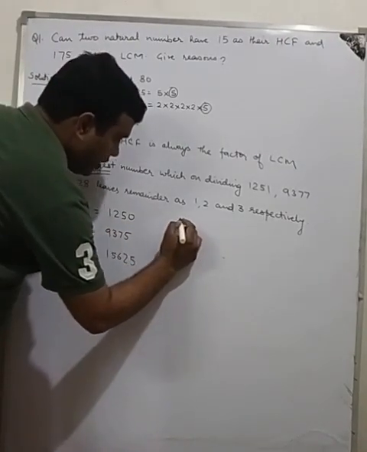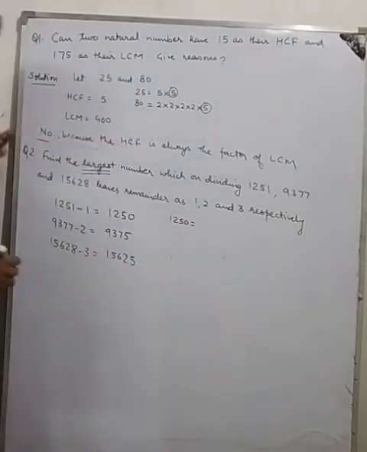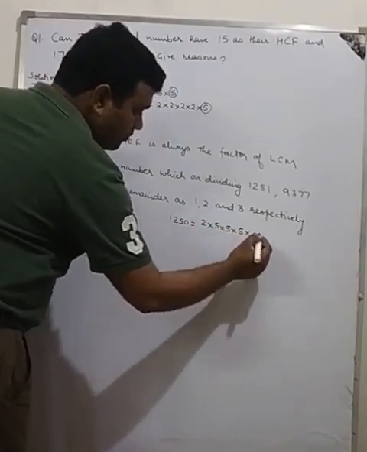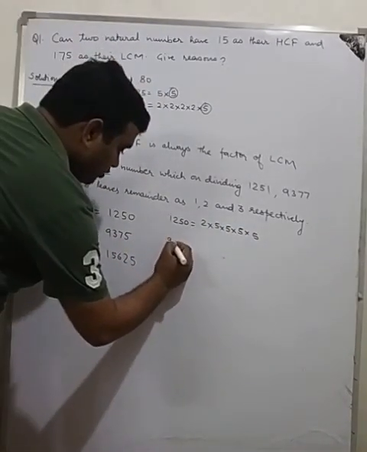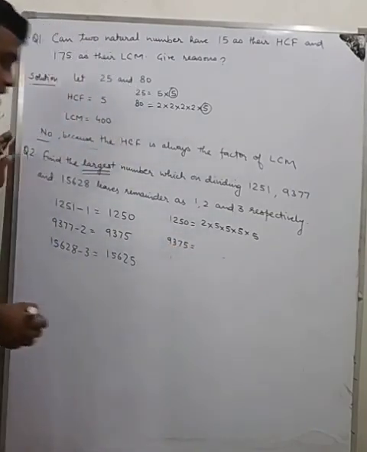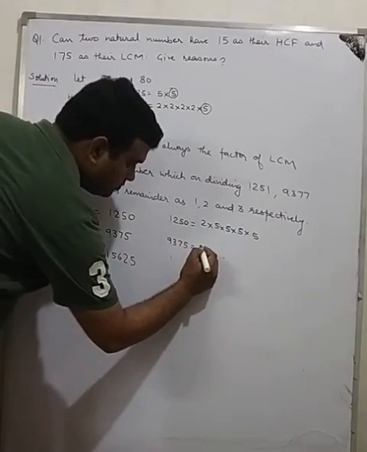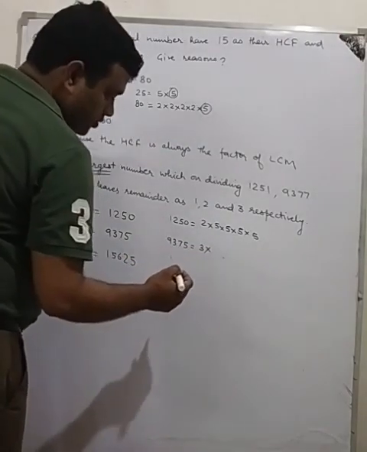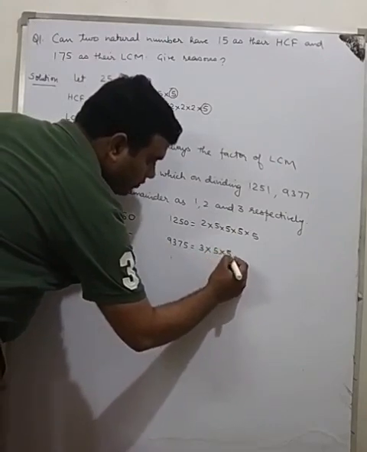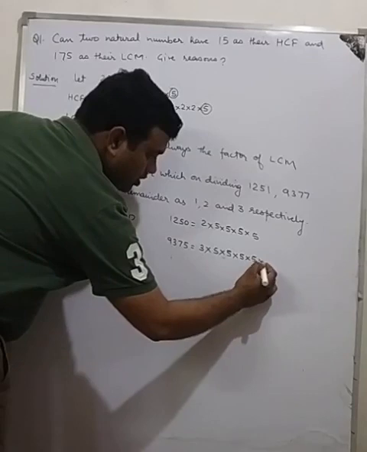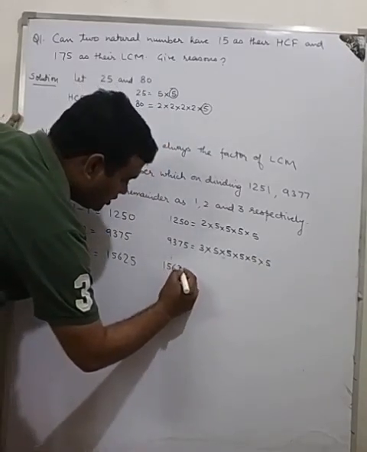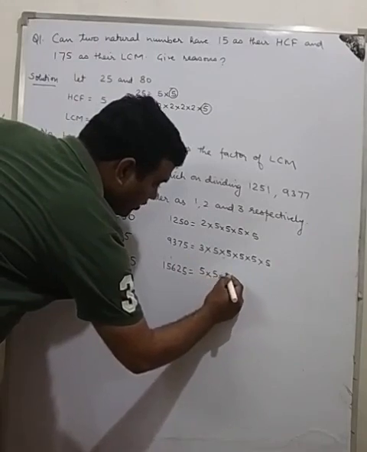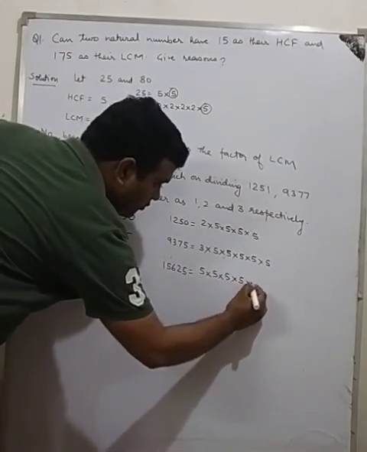So 1250 can be written as 2 into 5 into 5 into 5 into 5, and 9375 can be written as 3 into 5 into 5 into 5 into 5 into 5, and 15625 can be written as 5 into 5 into 5 into 5 into 5 into 5.